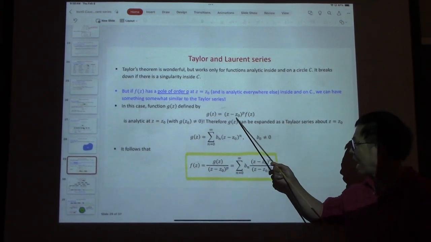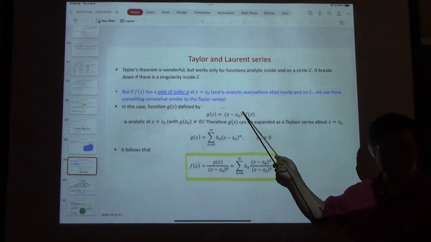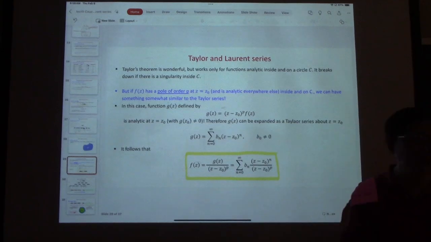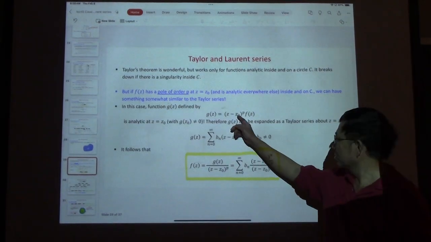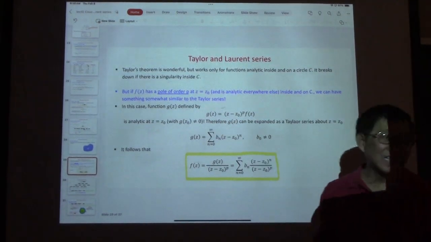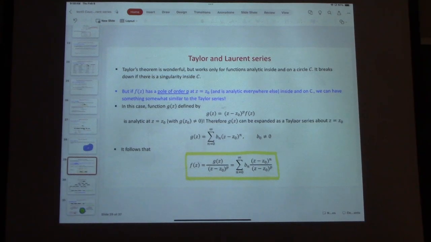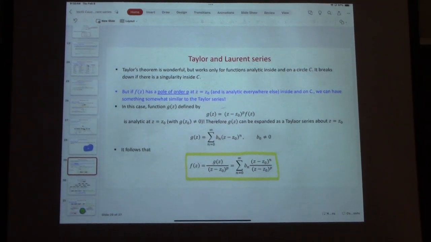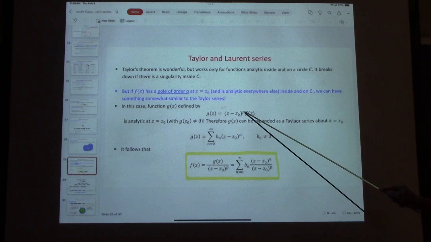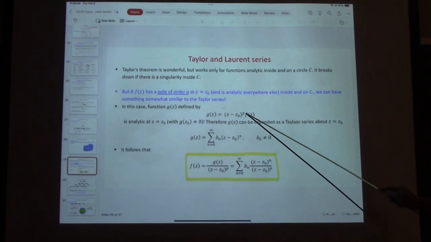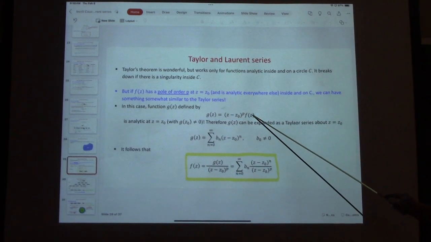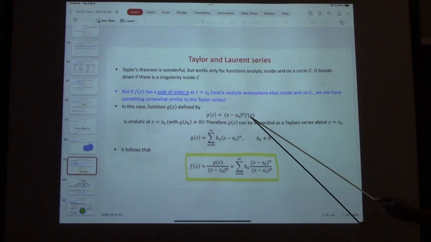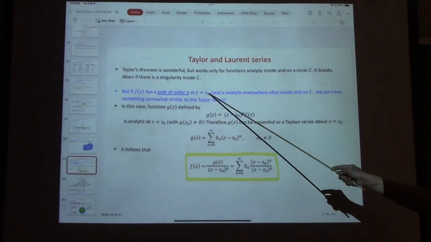Then that means when you multiply the factor z to the order p times the function, when z goes to 0, you get a function which is analytic, right? Okay, which is also non-zero and analytic. All right, so we want to know what happens to this, but we do know this cannot be expressed as a Taylor series now because it has a pole there.